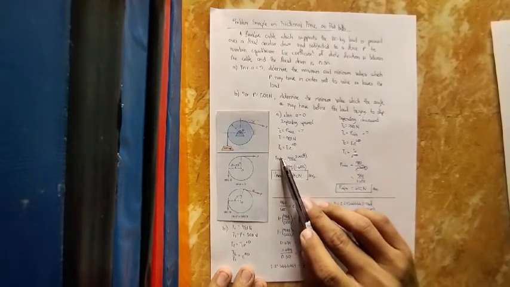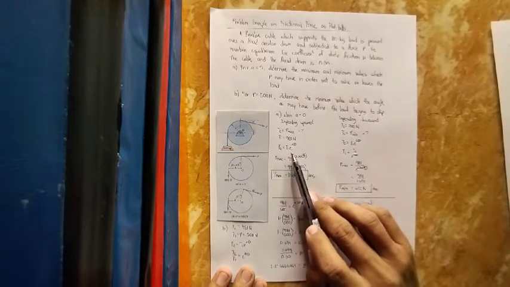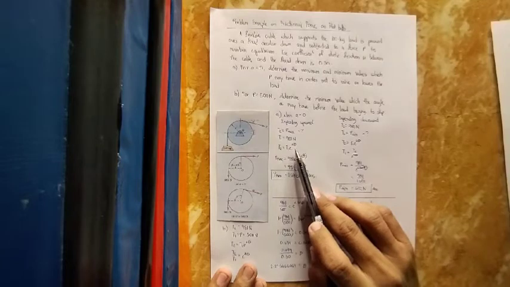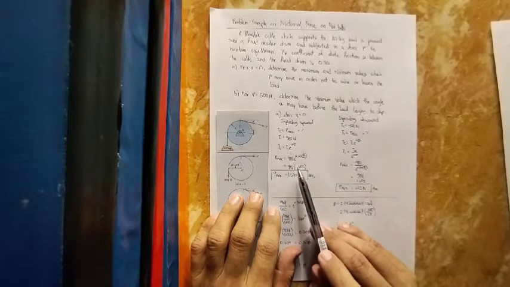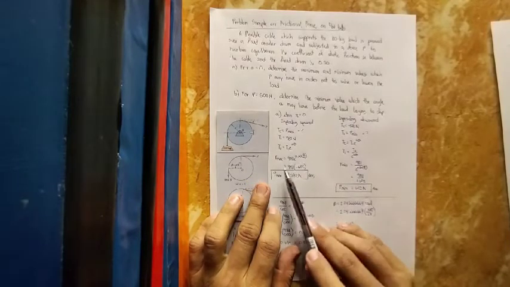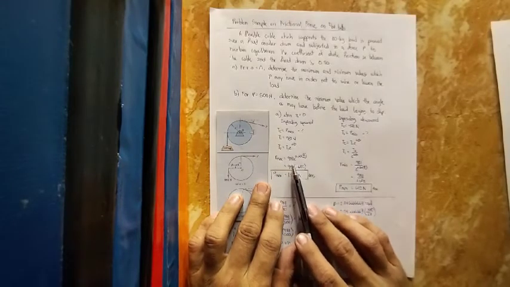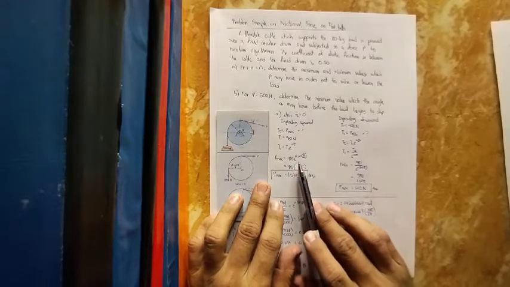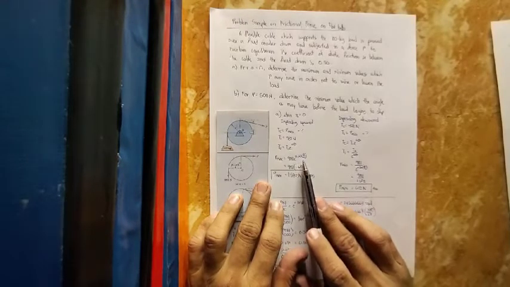Ang equation or formula na gagamitin natin is tension 2 is equal to tension 1 times E raised to the coefficient of friction U times beta. Then we need to substitute the given values in our equation. Maximum value of P is equal to 981 Newton times E raised to the coefficient of static friction 0.30 times the value of beta which is pi over 2.